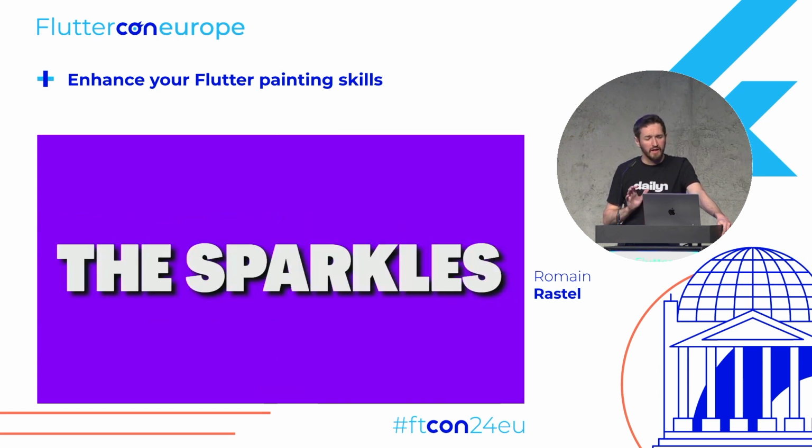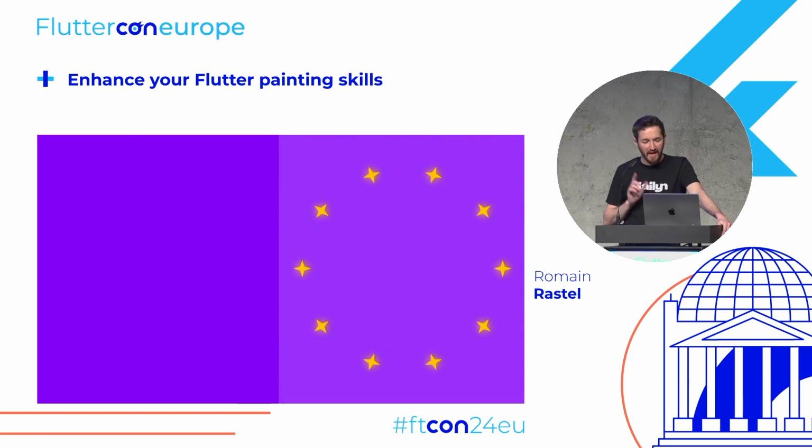So now, let's see how to put sparkles into your lives. The sparkles are pretty interesting because, as you see, they are positioned in a circle, and every sparkle is of a different angle than the previous one. There are multiple ways to do it.